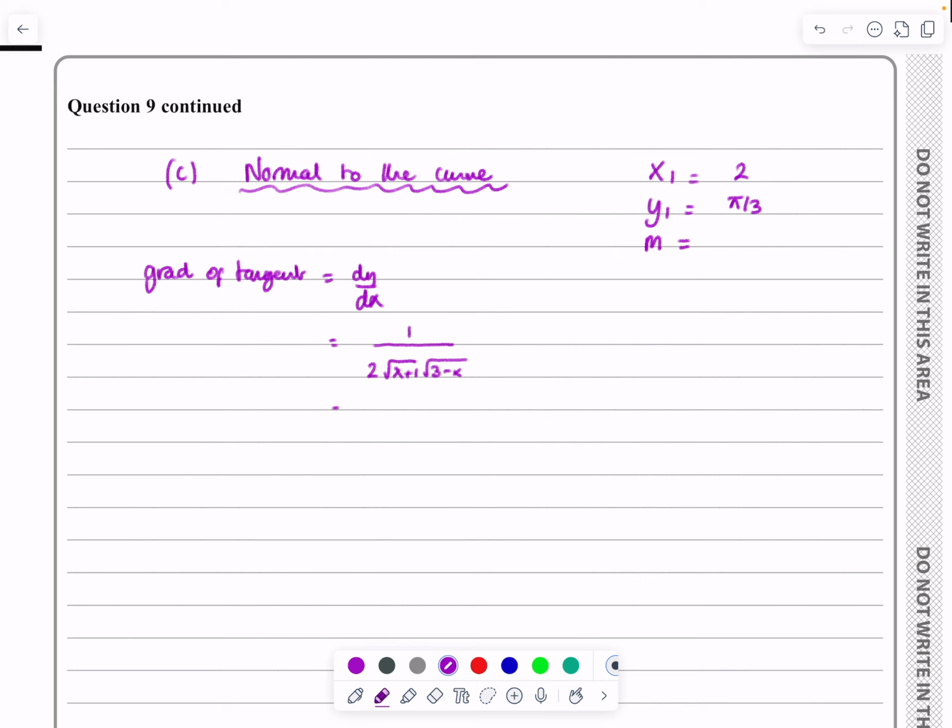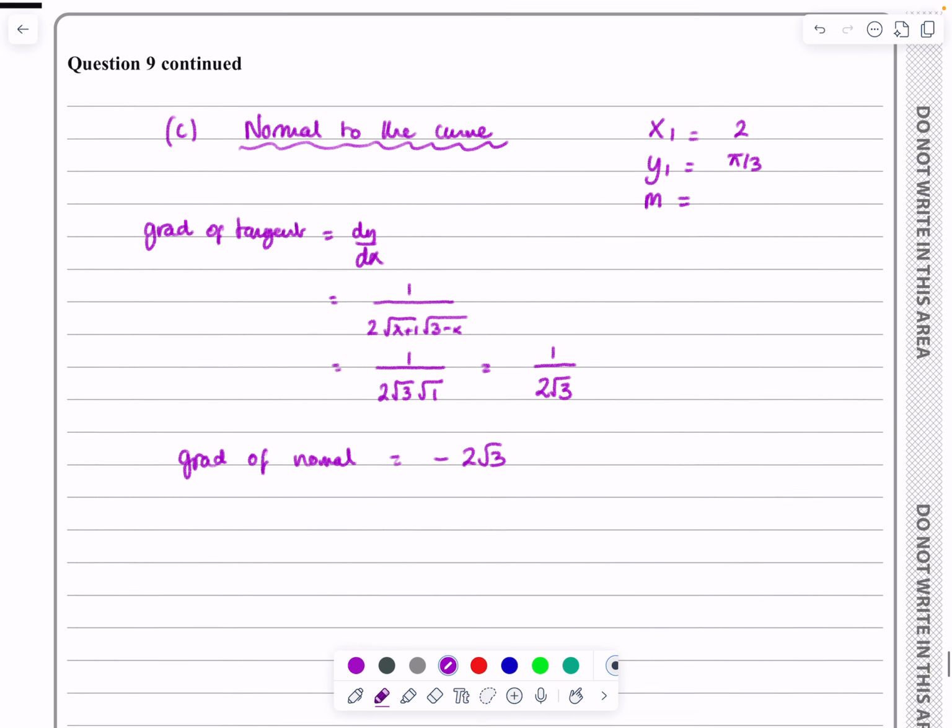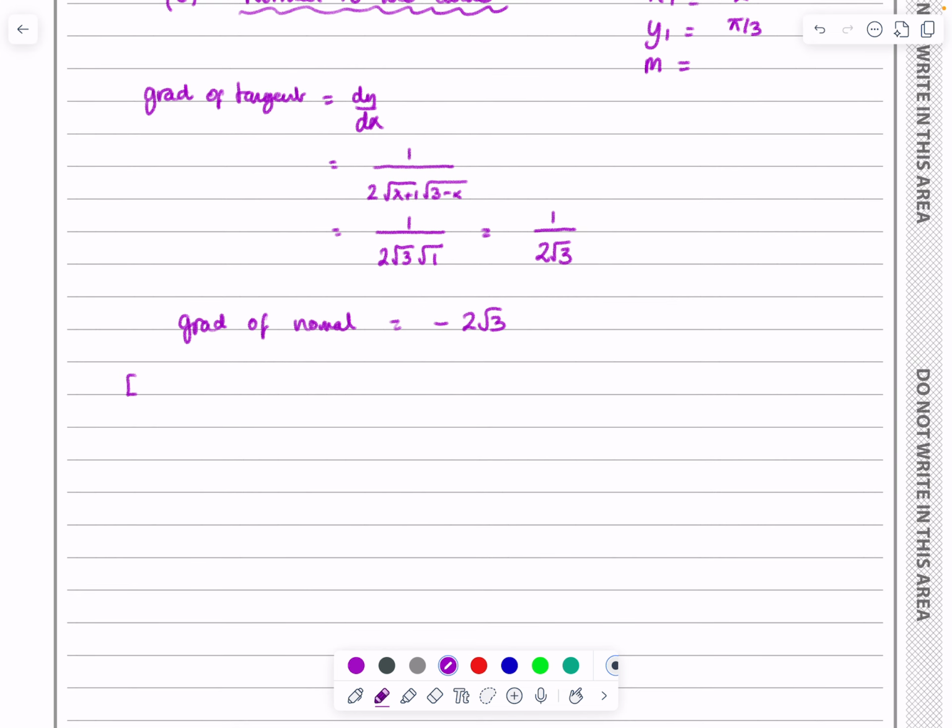So I'm going to get 1 over 2 root 3. That's the gradient of the tangent. I don't want the gradient of the tangent, I want the gradient of the normal. So the gradient of the normal is minus 1 over that, which will give me -2 root 3.